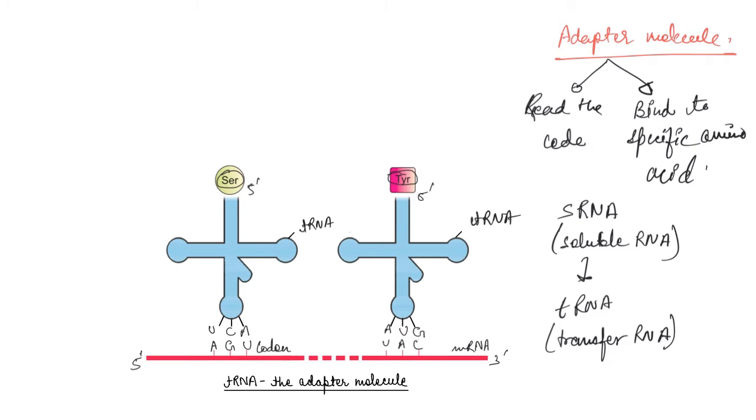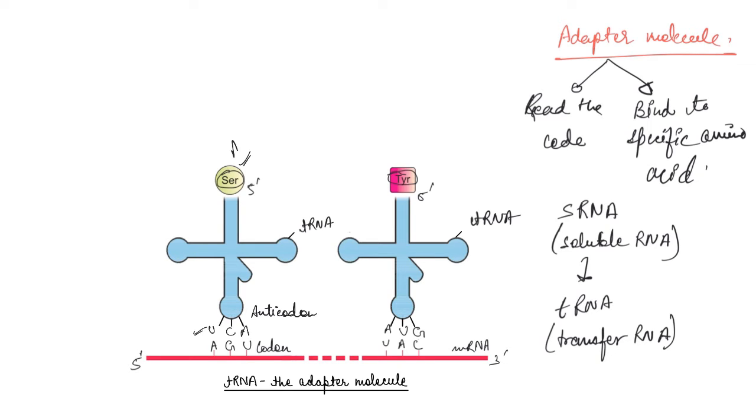If we see the entire structure, tRNA has an anti-codon loop, right? Now this is the anti-codon loop. That has bases complementary to the genetic code. So these are the bases which are complementary to the genetic code, and it has an amino acid acceptor end.